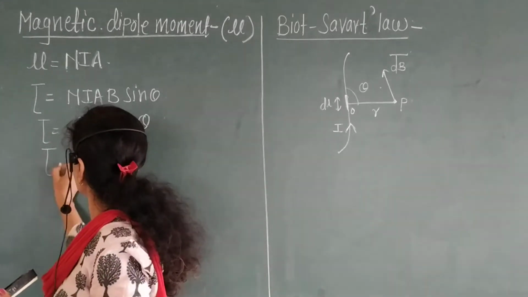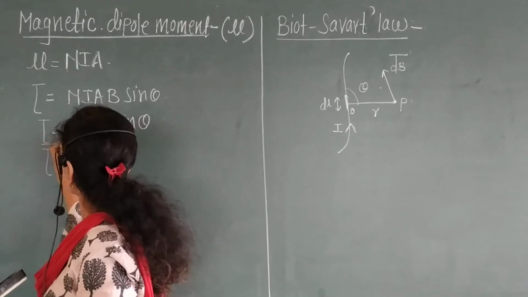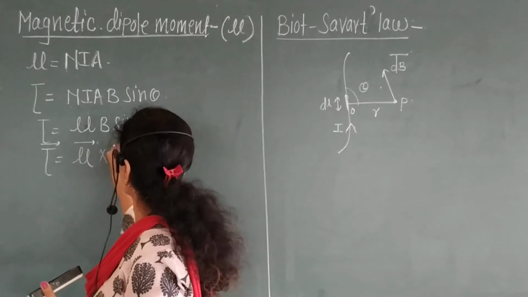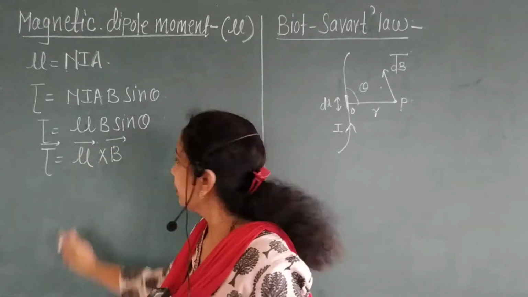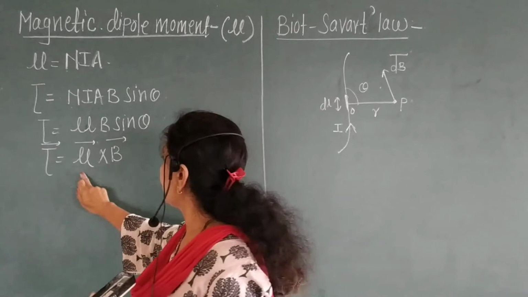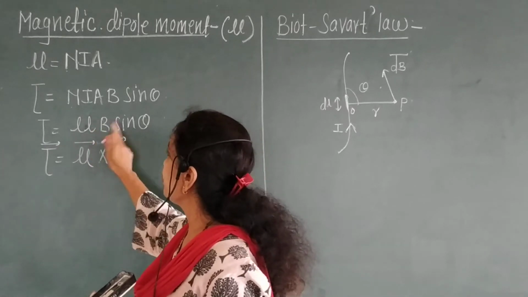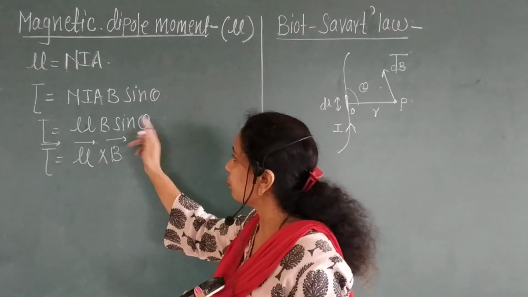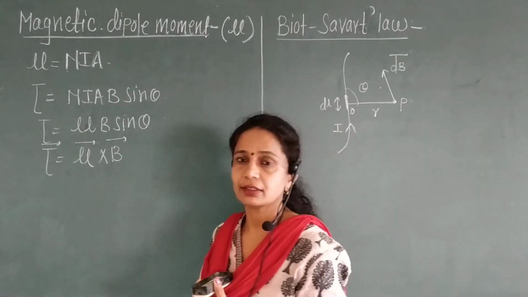Therefore, torque vector tau is equal to mu vector cross B vector, because it is mu B sin theta. The vector product of this, mu vector cross B vector, is equal to mu B sin theta.